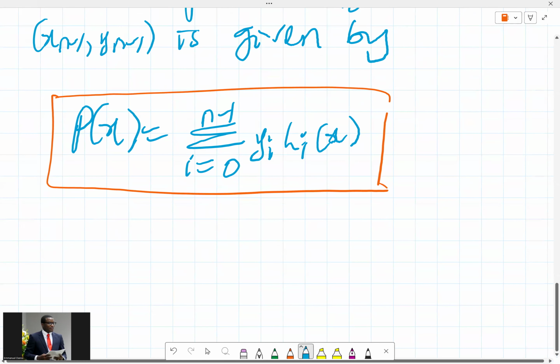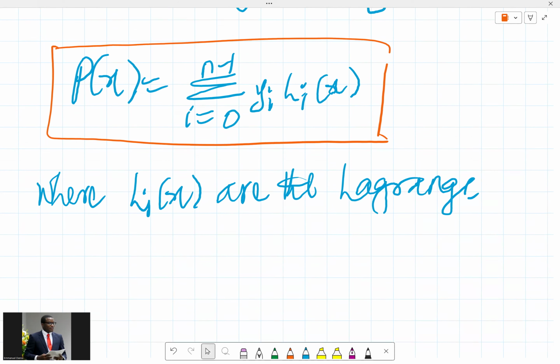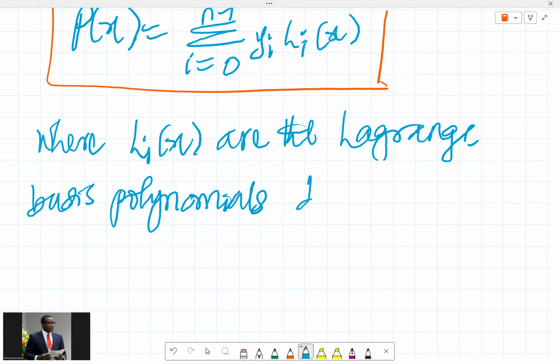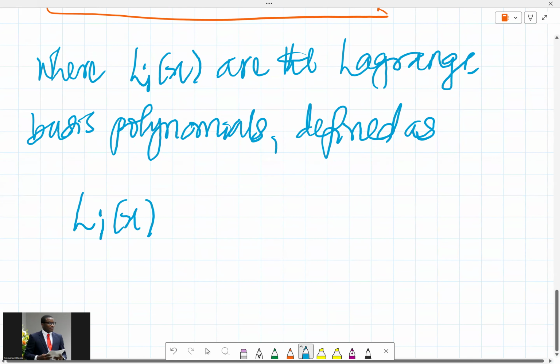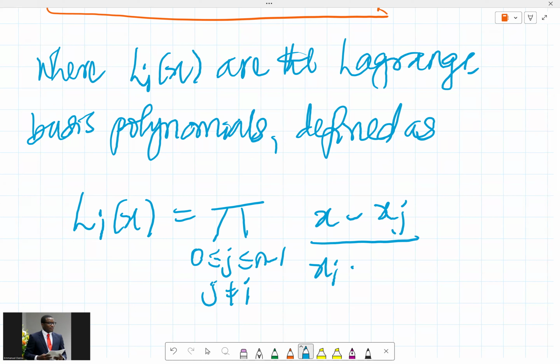Where Li of x are the Lagrange basis polynomials, defined as Li of x equals the product for 0 less than or equal to j less than or equal to n minus 1, where j is not equal to i, of x minus xj all over xi minus xj.